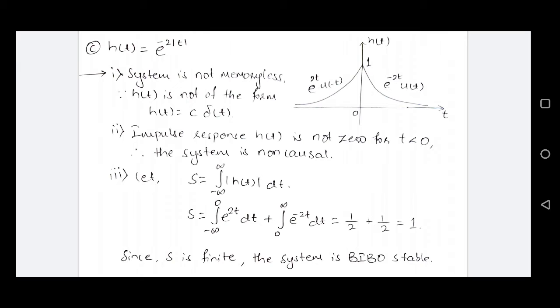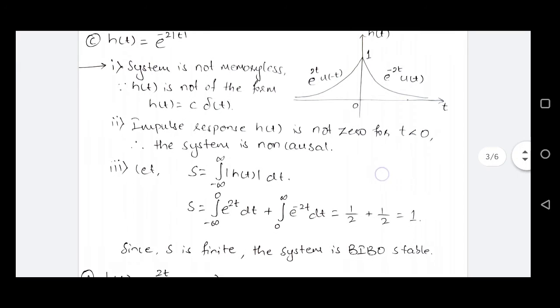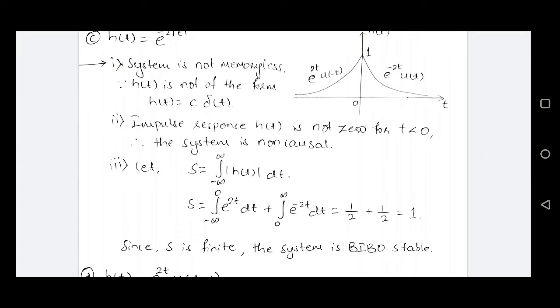To check absolute integrability for the given impulse response, we'll use the expression S equals integration from minus infinity to plus infinity of magnitude of h of t dt. Because the function exists from minus infinity to plus infinity, we'll divide the integration into negative time and positive time.